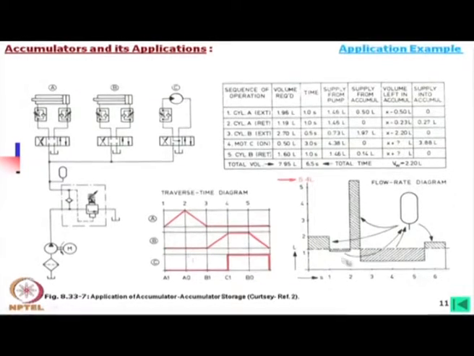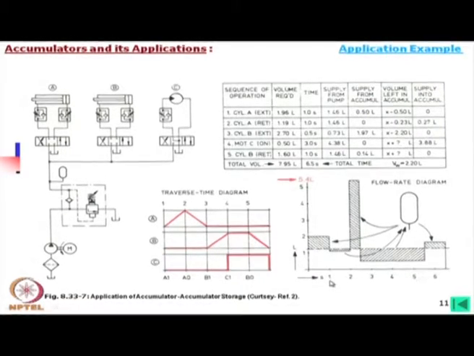And from this graph, again this graph is generated, and then when the oil is going from the accumulator and when oil is being stored in the accumulator, this is shown in this graph.